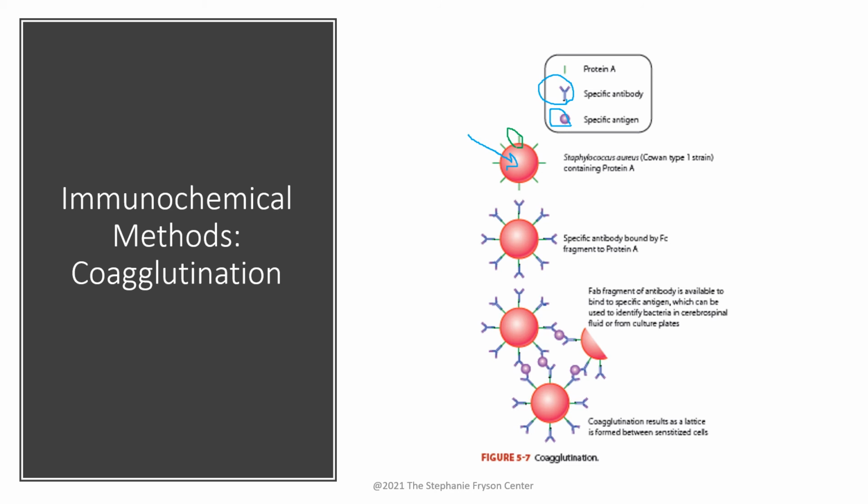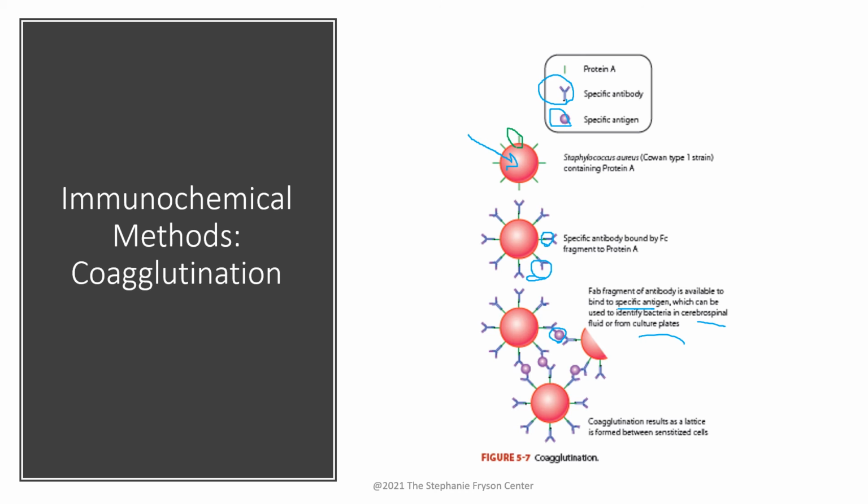And again, you'll learn about that. So this binds by the Fc fragment and attaches to protein A. And then the Fab fragment of the antibody is available to bind to the antigen. The Fab, on these little ends, binds to the antigen, which can be used to identify the bacteria in spinal fluid or from culture plates.